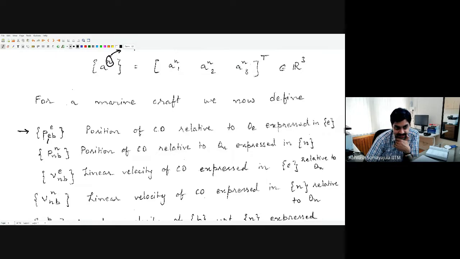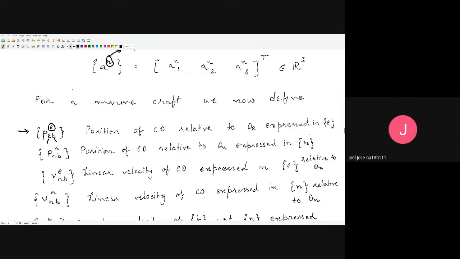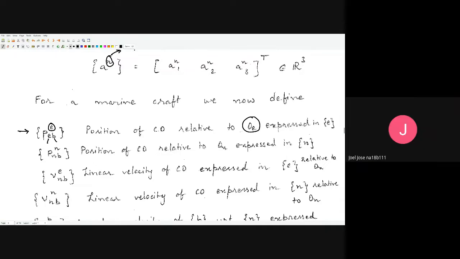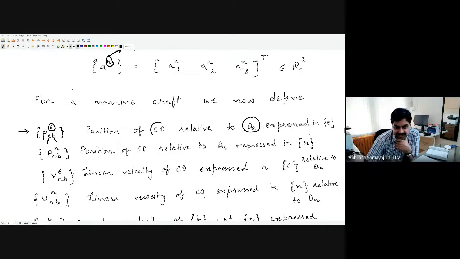It's a vector directed from E to B expressed in E frame. Sir, E was the Earth fixed frame, right? ECEF, correct. So this OE here is the center of Earth. And this is the coordinate origin of the body fixed frame, or OB. So I'm directing a vector from OE to OB. I'm going from E to B, but I'm expressing that vector in the E frame.